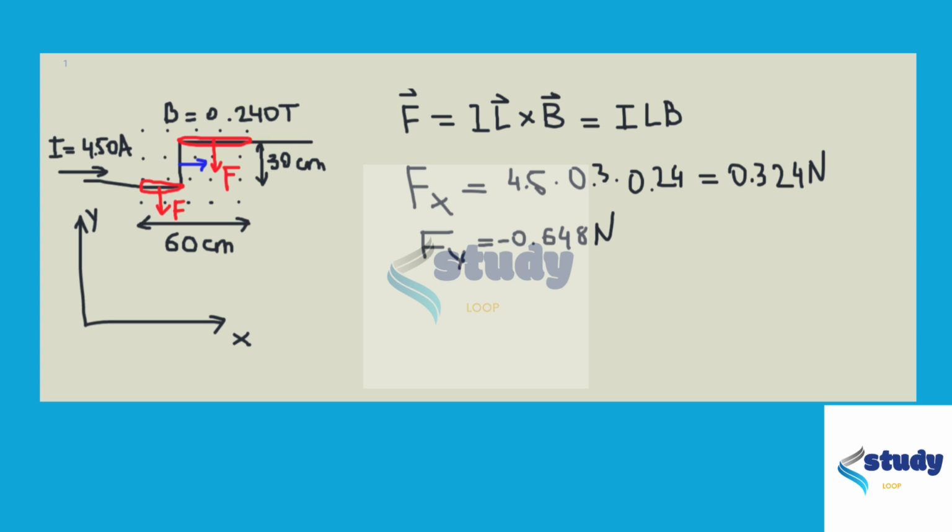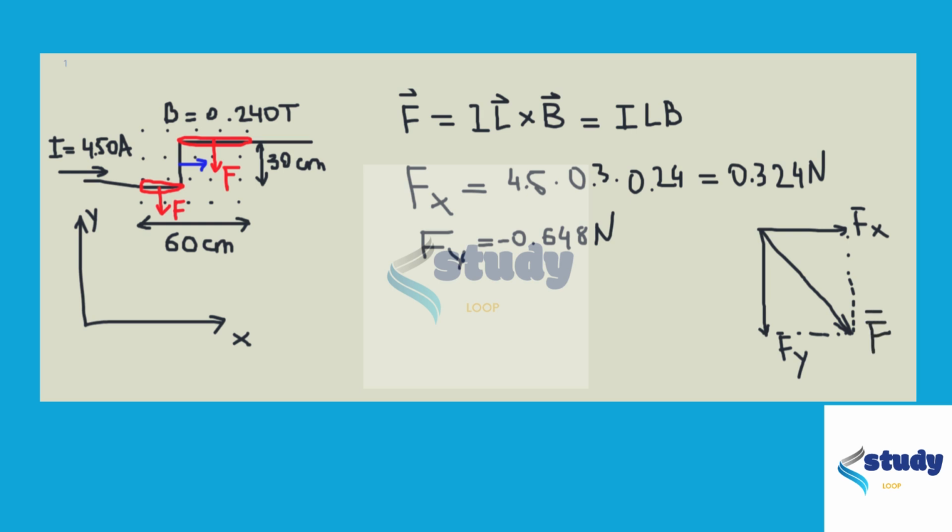Now, so we have the x component of the force pointing in this direction, and the y component of the force pointing downward. And what we need to find is the magnitude of the force, which is this. So we need to find this total force, which is represented as this vector, right?